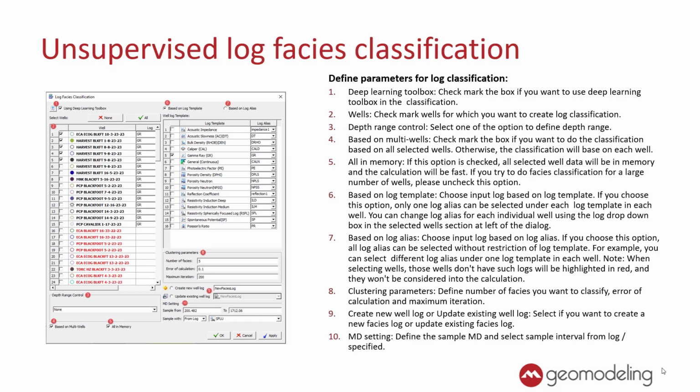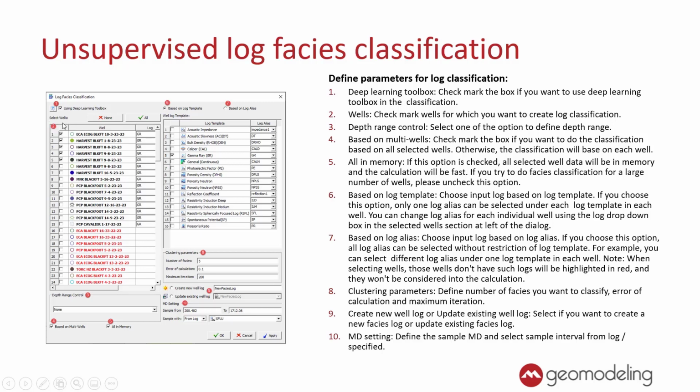This is the interface of unsupervised log facies classification. In this page, you can define parameters for log facies classification. First of all, there is a deep learning toolbox. You can checkmark the box if you want to use the deep learning toolbox in the classification.